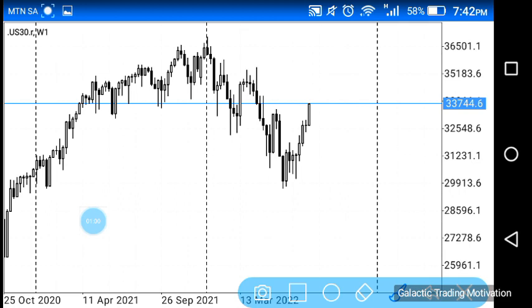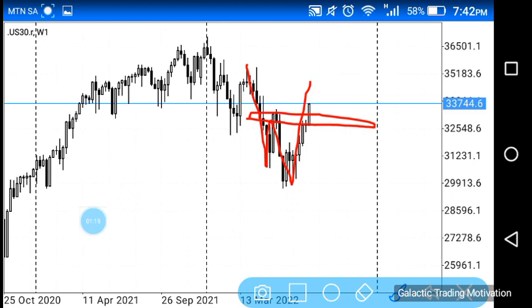Can you guys see that we have a very nice overextended W structure at this point, with the neckline being at this region? And can you also see that the neckline has been broken to the upside and price has closed, right?